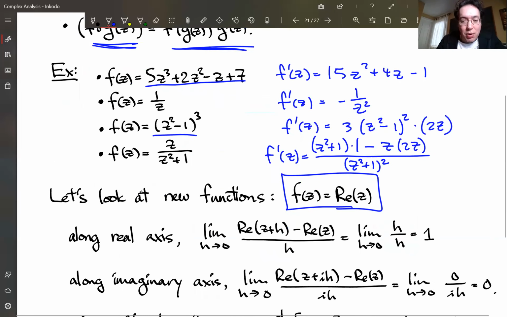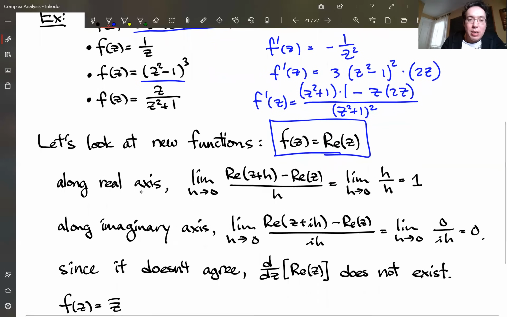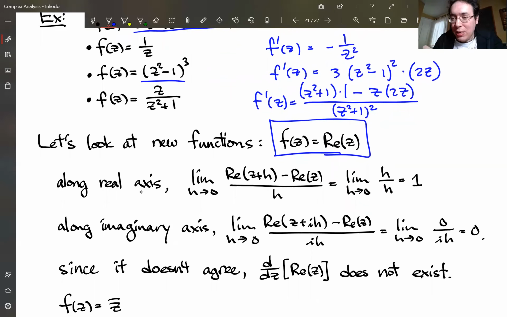Let's compute it. So we take the limit, and I'm going to take the limit in the real sense here, because I want to make a point. So limit as h goes to 0, I'm thinking of h as a real number that's going to 0. So the real part of z plus h minus real part of z divided by h.